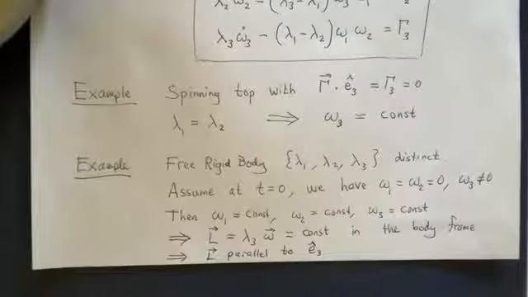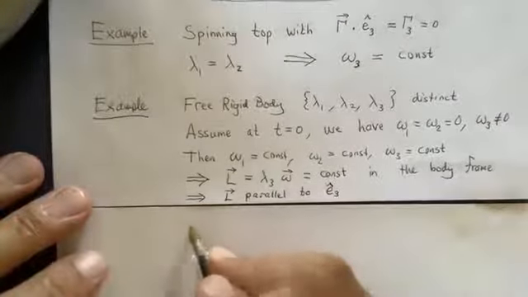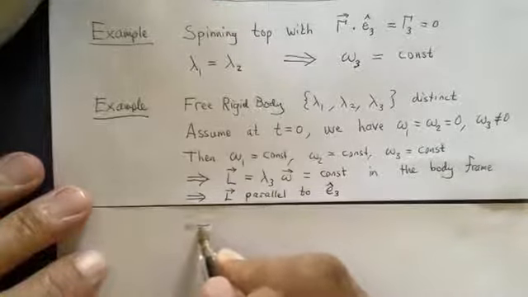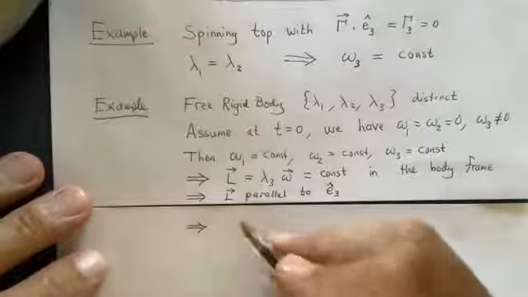Now notice, in the space frame, I guess we'll need another piece of paper here. We're going to continue our dream here on the next piece of paper. So the next conclusion here, in the space frame, we know that the angular momentum vector is a constant.